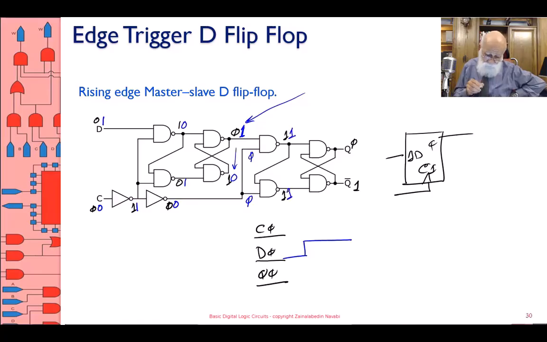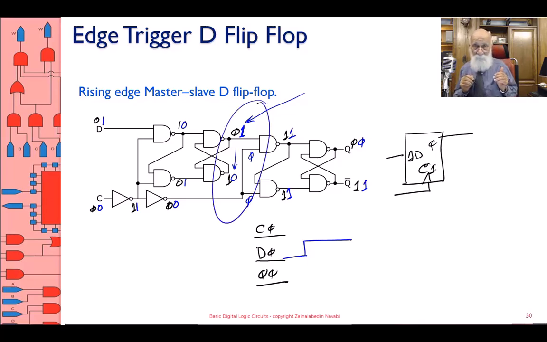This hasn't changed. These don't change, and therefore this is still a 0. This is still a 1. Okay, so D changed. It came in this far, until D remains the same.